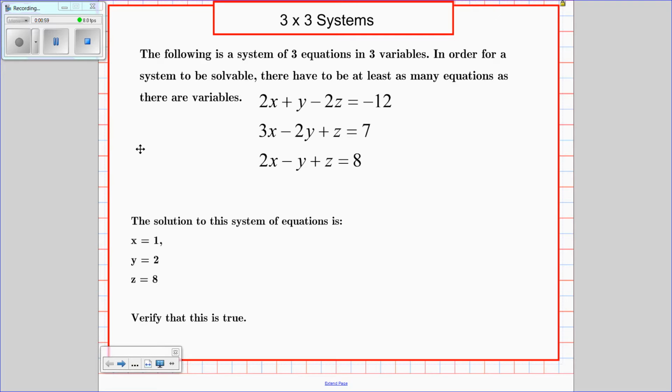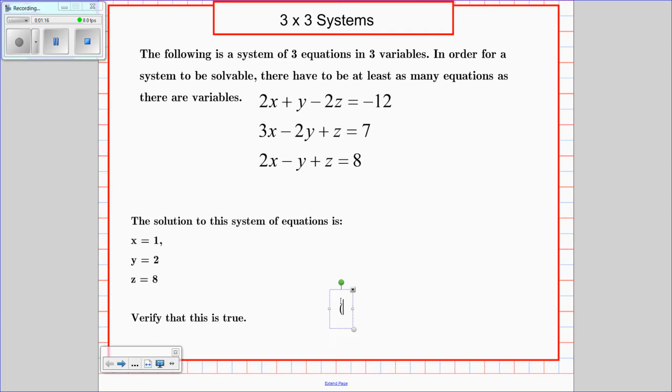And 2 times 1 minus 2 plus 8 does equal 8. That means that the ordered triple 1, 2, 8 is a solution to this system of equations.